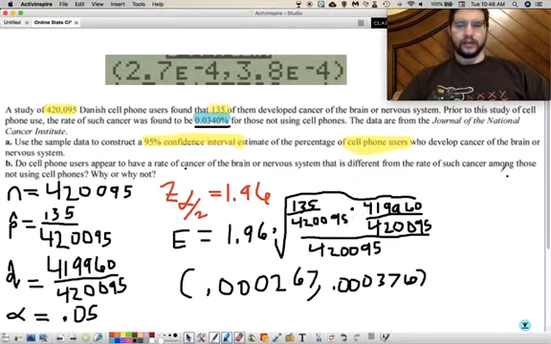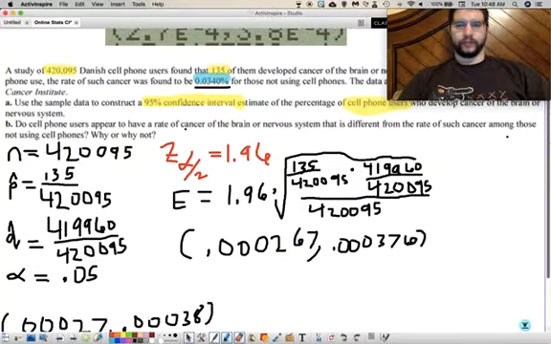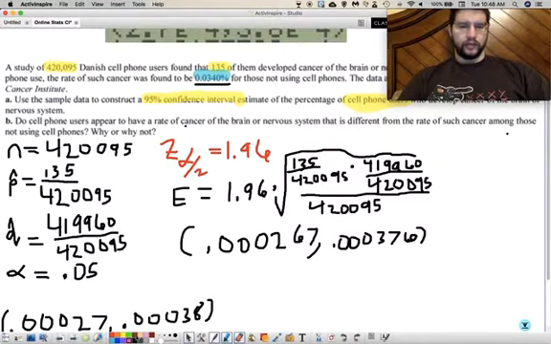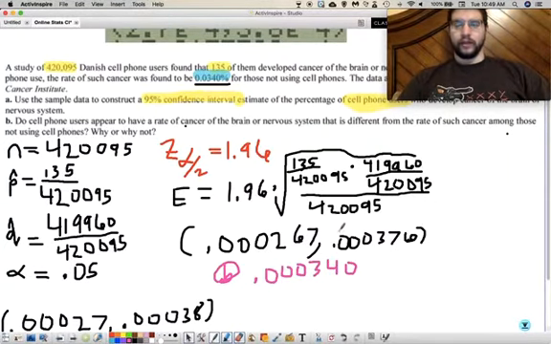So if we write that as a decimal to compare it, 0.000340. If we compare that, that's right there in the same range. It's not outside of the range at all. It's right there in the middle.